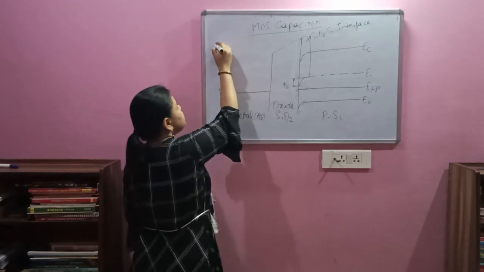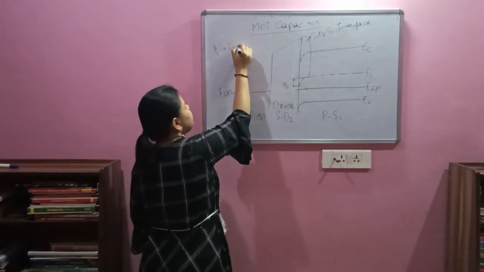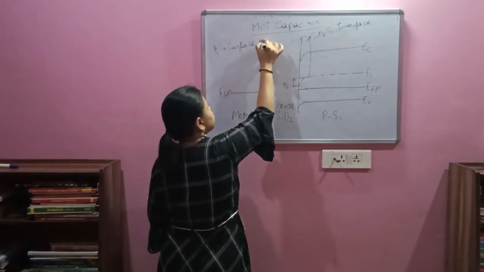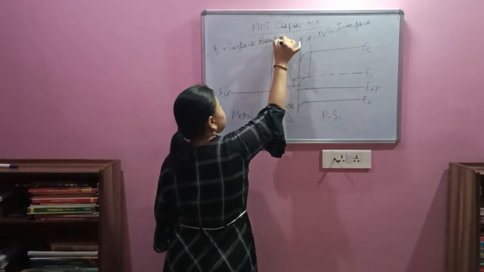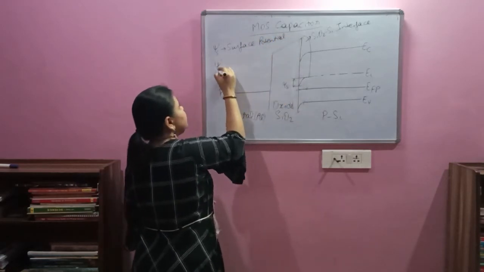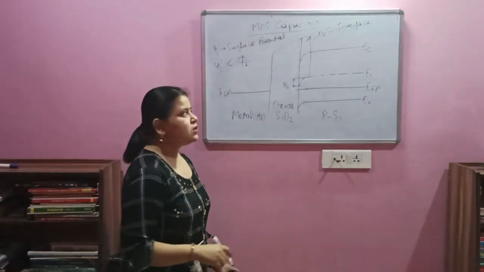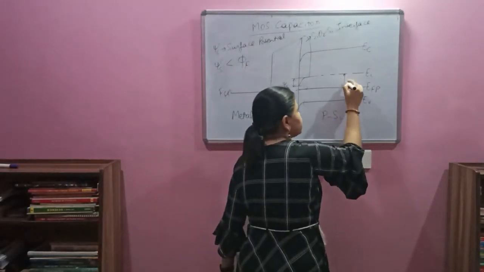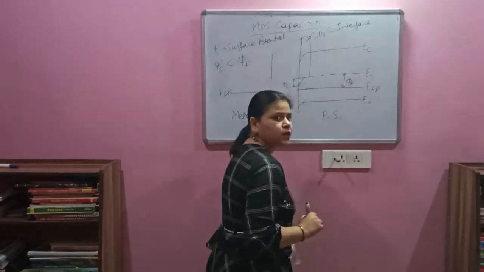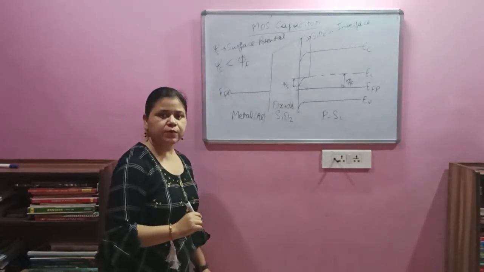This psi s is denoted as the surface potential, and this is always having a lesser value than the Fermi potential, which we also call the bulk potential.